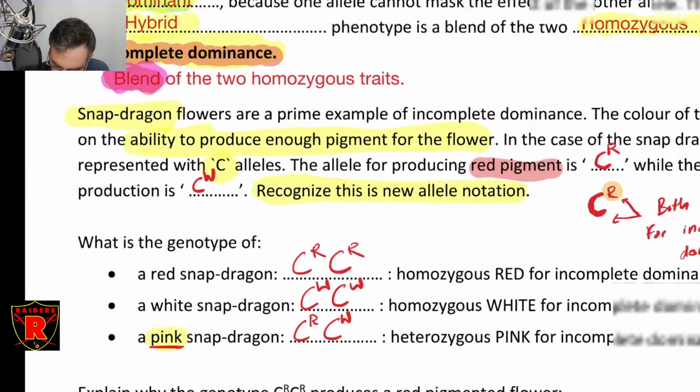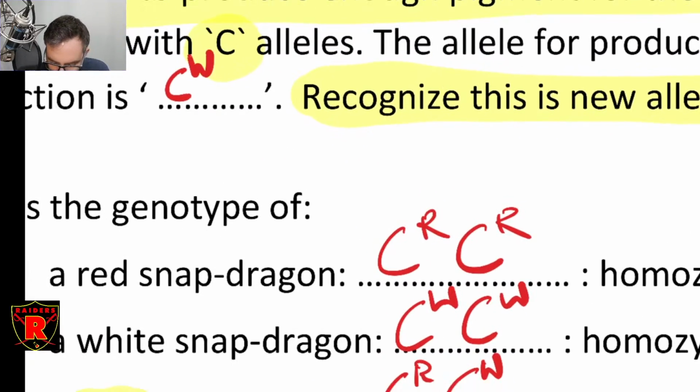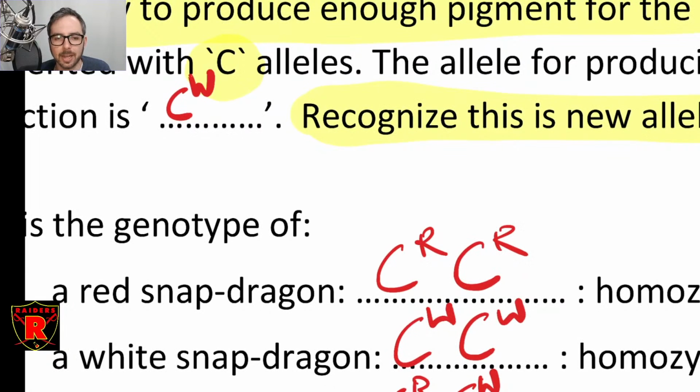So this would be an example of my let statements. CR is going to come out red. You'll notice that when we're doing let statements for these, we're including what the phenotype looks like for both alleles.